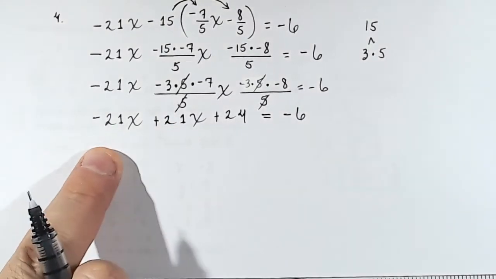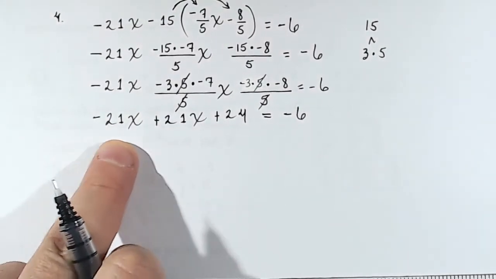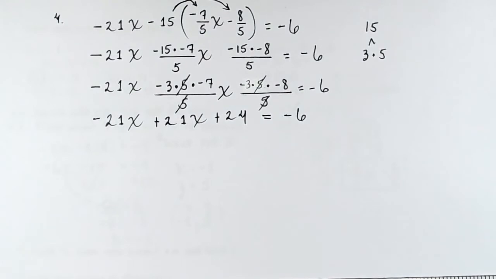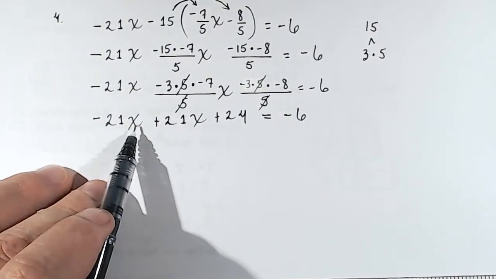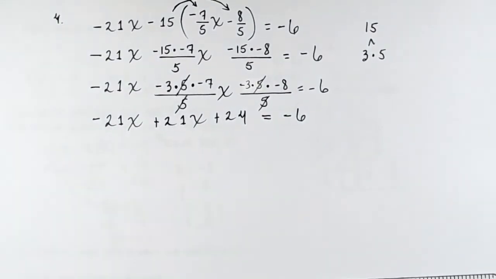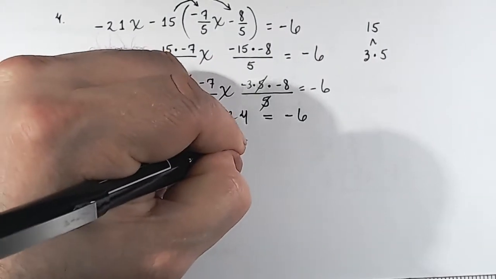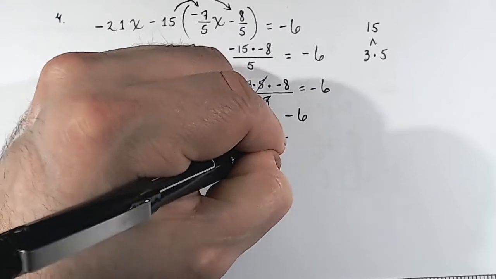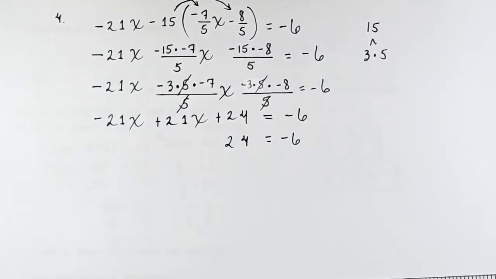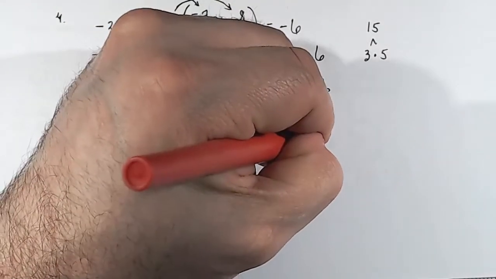On the left side, when we try to combine these like terms, they cancel each other out. Negative 21x plus 21x is 0. So all I'm left with is 24 equals negative 6. Now the question is, is this true?